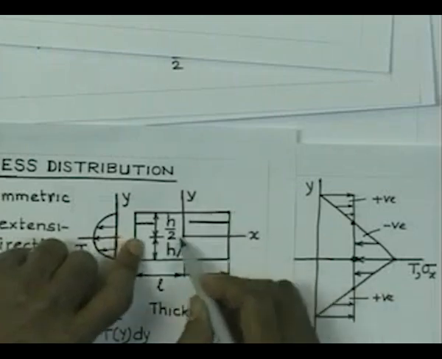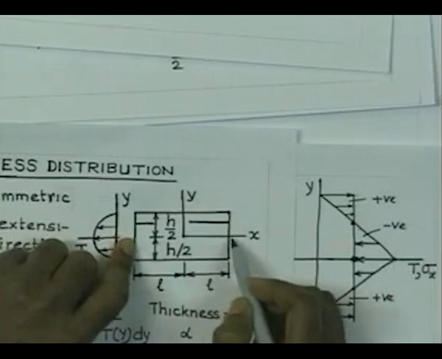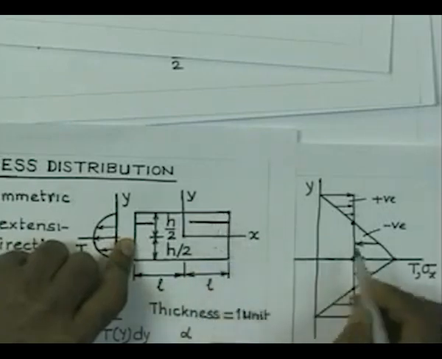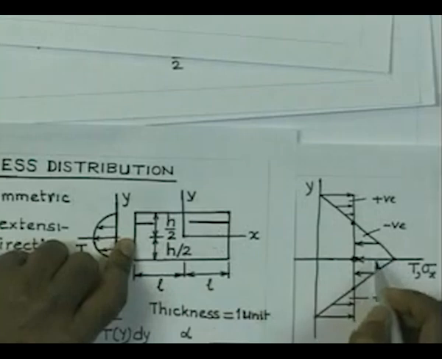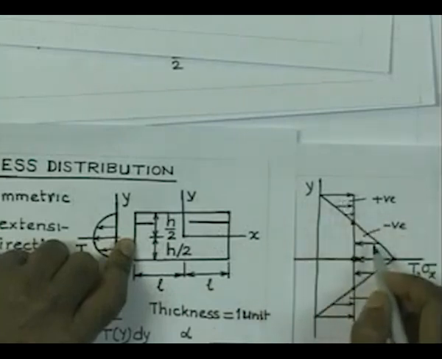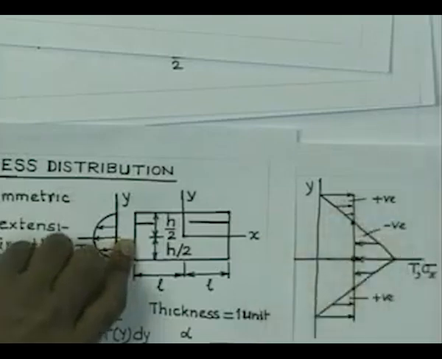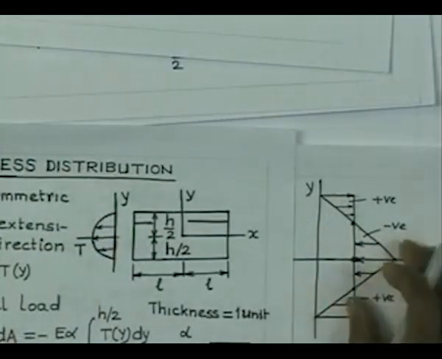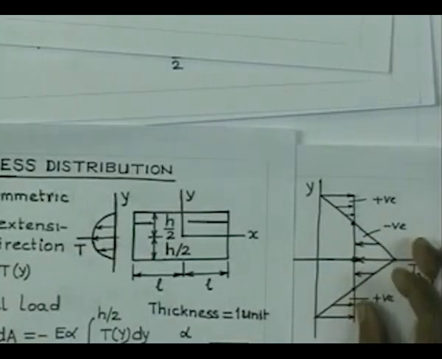On the other hand, since this fiber is expanding, it will try to induce an extension in the outer fibers, which are not expanding because of the temperature distribution, and hence we are going to see compressive stresses towards the central zone, compressive stresses at the central region and tensile stresses at the outer region. So, this gives the temperature stress distribution to a certain scale, and it conforms with the expectations.